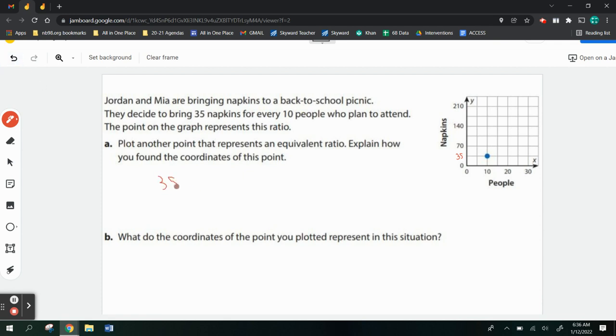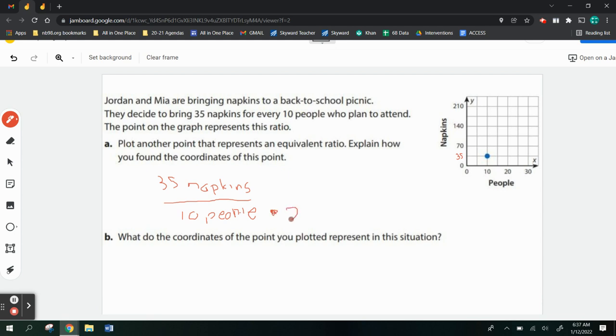35 napkins, 10 people. Using this ratio, I just want to make an equivalent ratio. So let's say there's not 10 people, there's going to be 20 people.